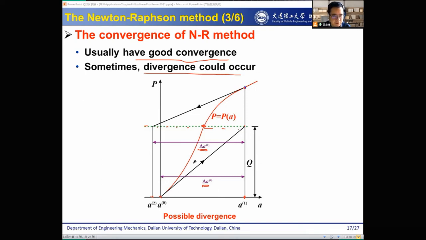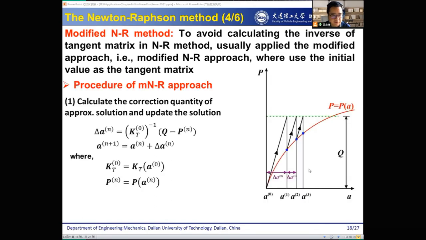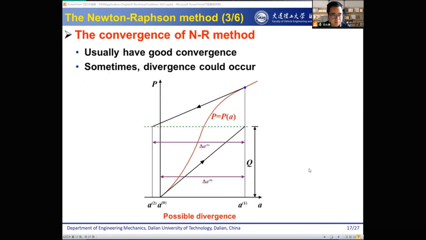They are jumping around. So this is a divergence case. Whenever you meet divergence problems, maybe you should switch to a different method to solve this nonlinear equation.